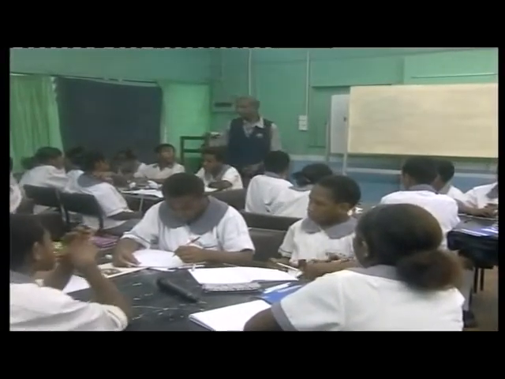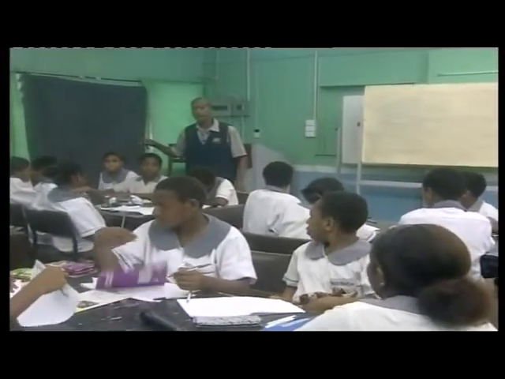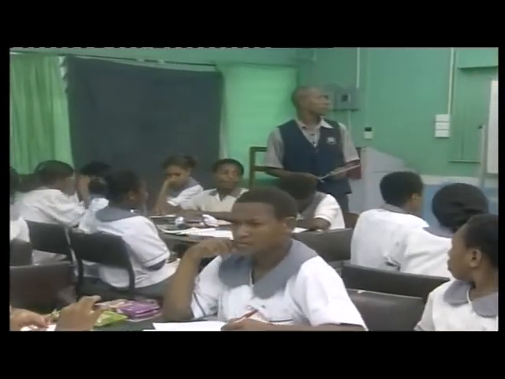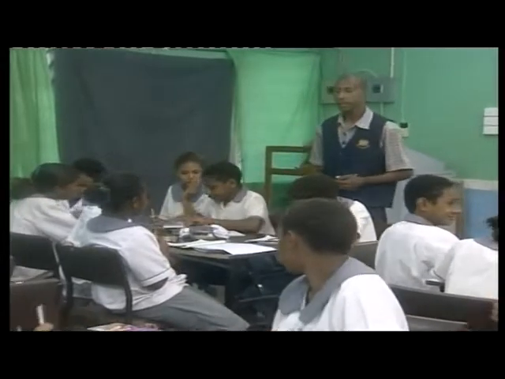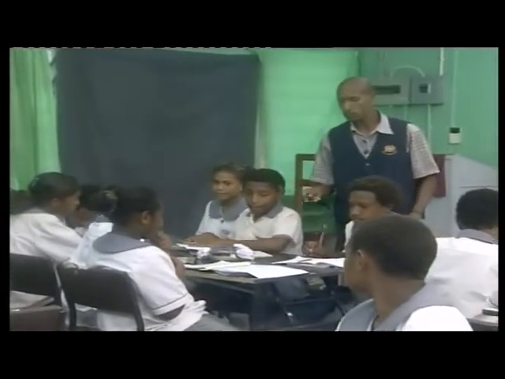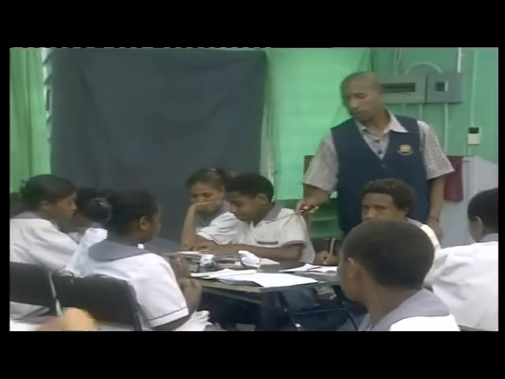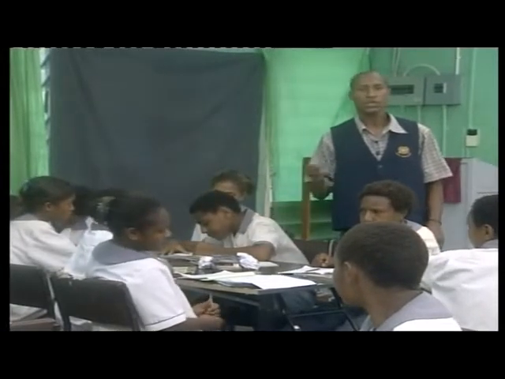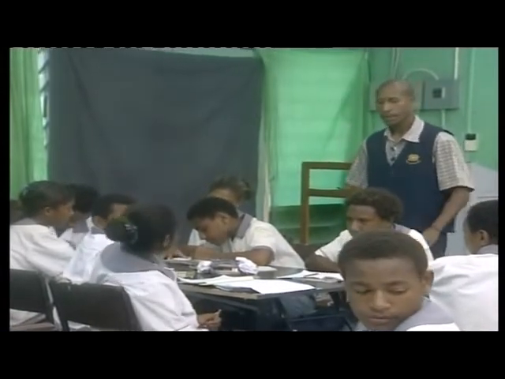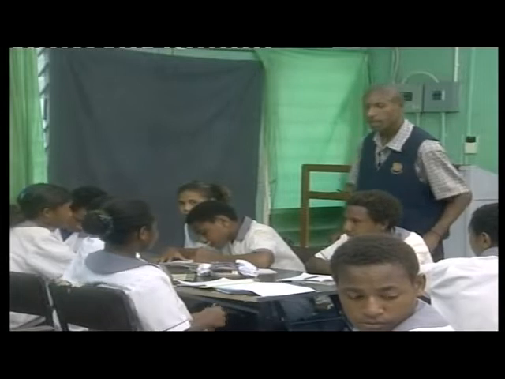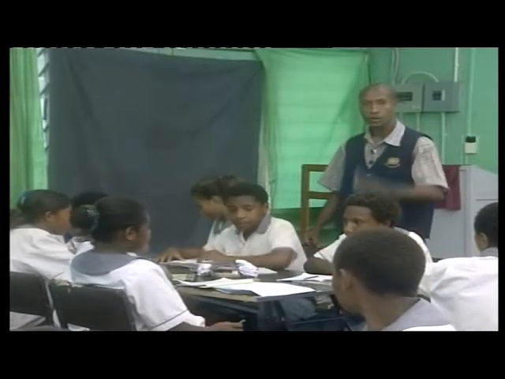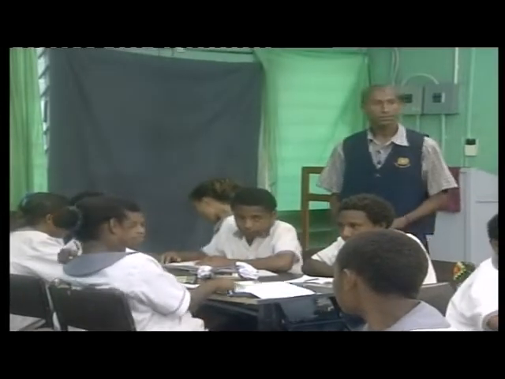Receiving students and sixes, from this group here, I would like you to see what they have done. Drawing a diagram of a mixed number. So let's see from this group here. This group here will show you their work. Let's have Milika. Milika, please show your group's work to your other friends.